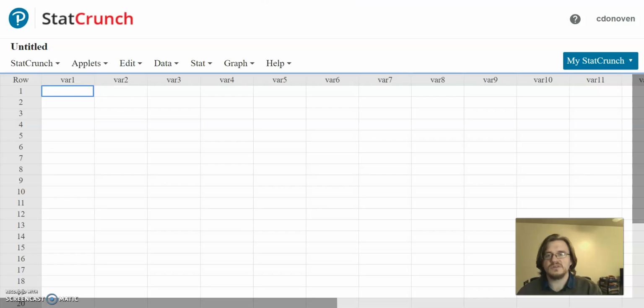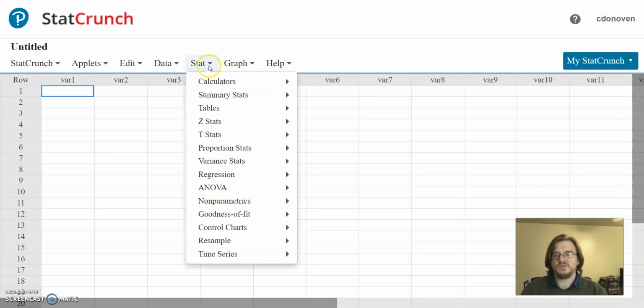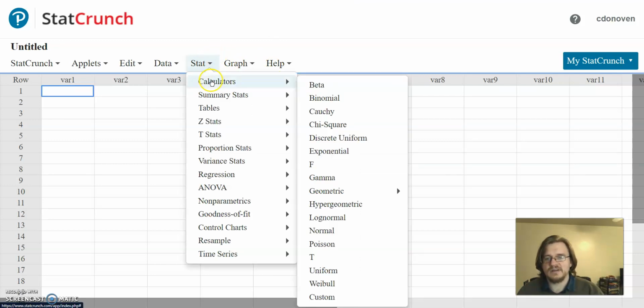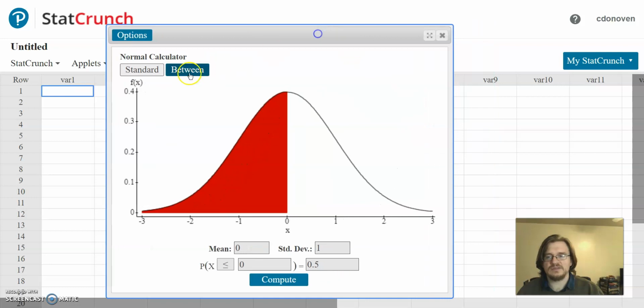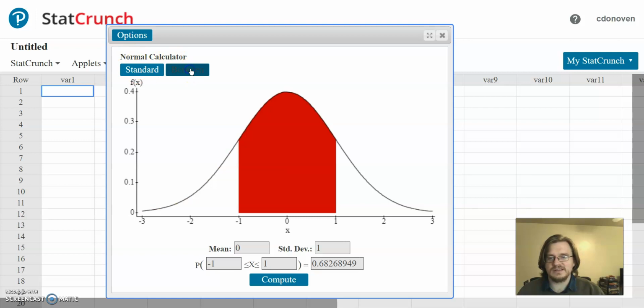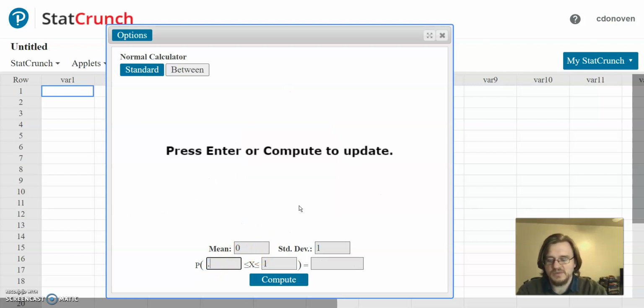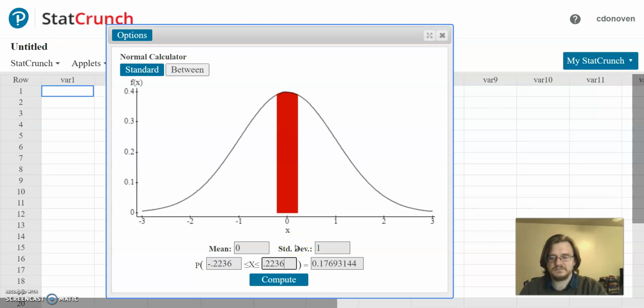I'm going to open StatCrunch. We can open up our calculator for our normal distribution. And one thing I didn't realize until recently was that rather than using the standard calculator, we can use the calculator that calculates between. So I want to know the probability of getting between negative 0.2236 and 0.2236.